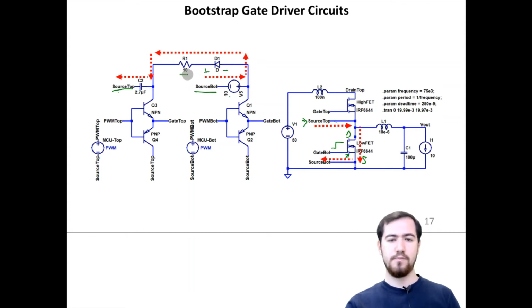The resistive component is just here for limiting the charging current of this capacitance. And during the turn on moment of the top side, high side switch, the current is supplied by this capacitor to the MOSFET gate structure.